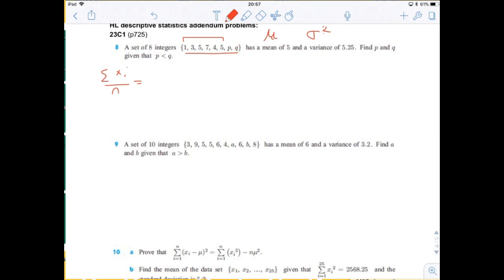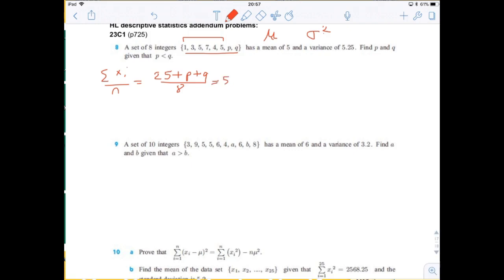That would be, let's see, 4, 9, 16, 20, 25. So that would be 25 plus the two unknown numbers, plus P and plus Q. How many numbers are there total? 1, 2, 3, 4, 5, 6, 7, 8 numbers. So we know that this is equal to 5, right?